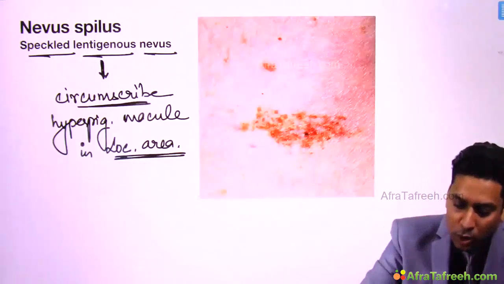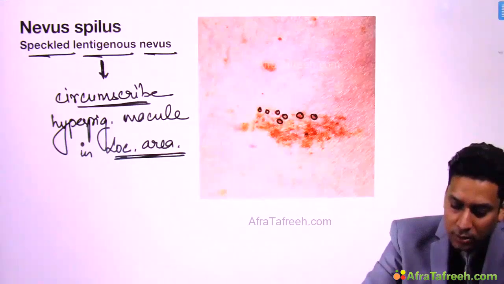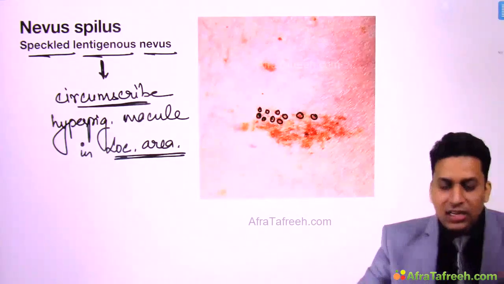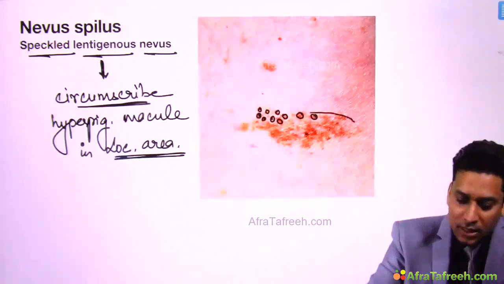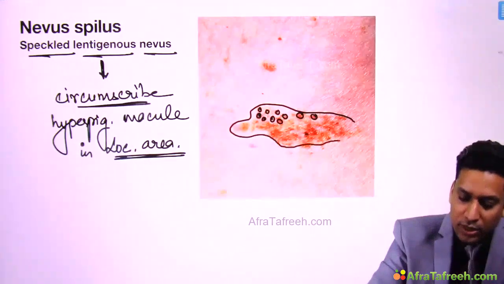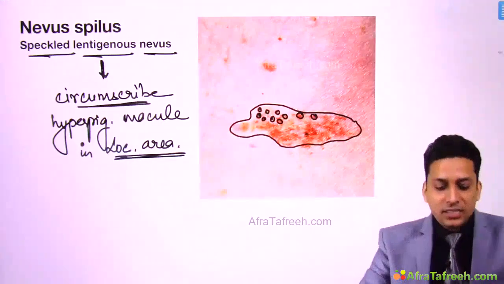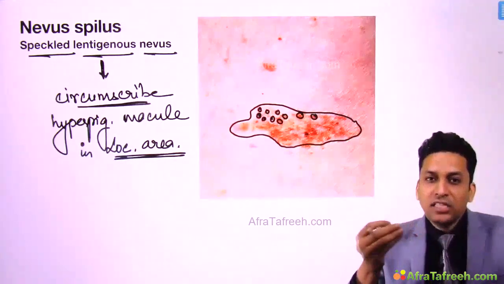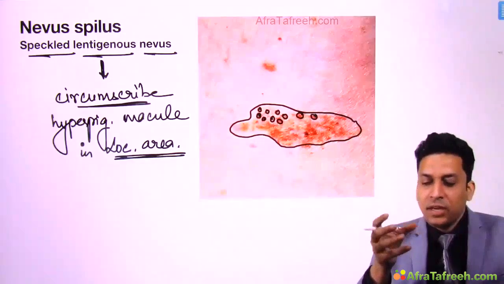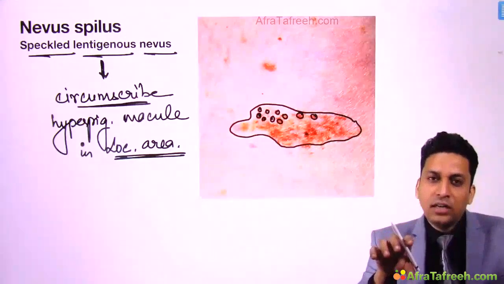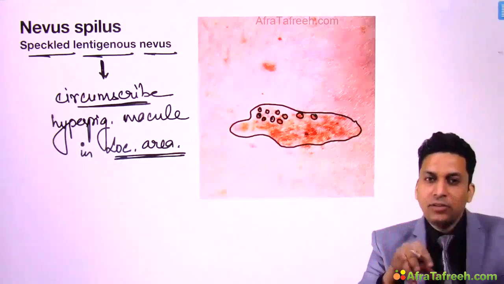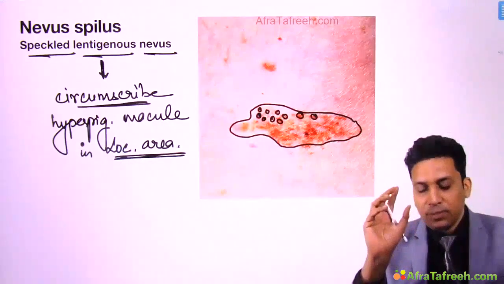You can see all of them are separate macular pigmentation and they are circumscribed or grouped together in this one small area. So that's why it is known as speckled nevus or nevus spillus. Spillus, it appears as if you have spilled them over one small area or you have speckled them over that area. Okay, so speckled nevus or spillus.